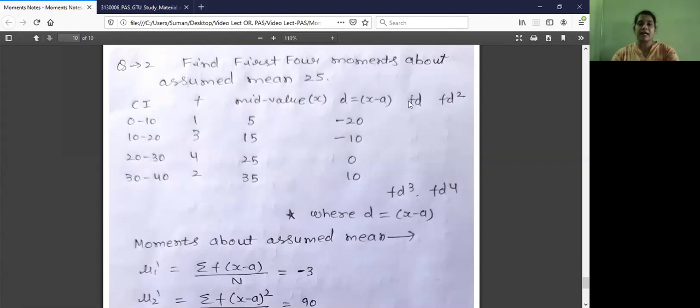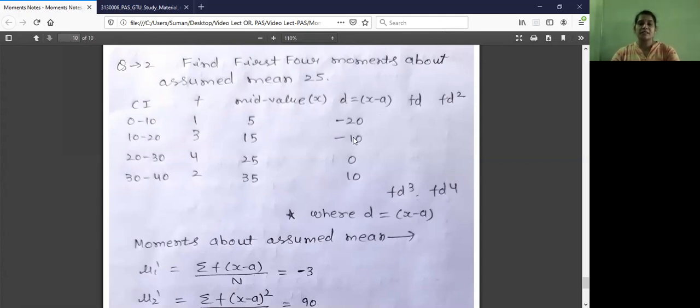First table is f(x minus a). Second table is f(x minus a) whole square. Third table is f(x minus a) whole cube. And the fourth table is f(x minus a) to the power 4. Got it? Solve these tables.